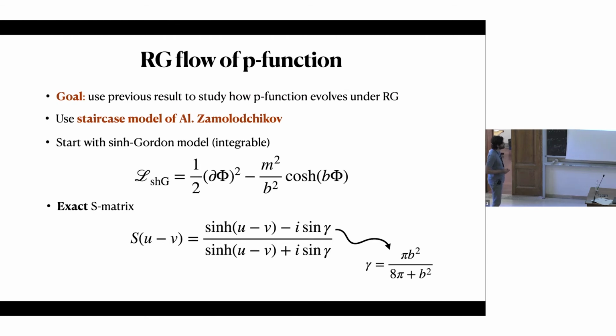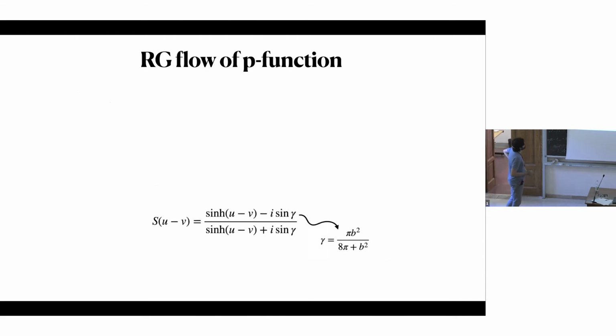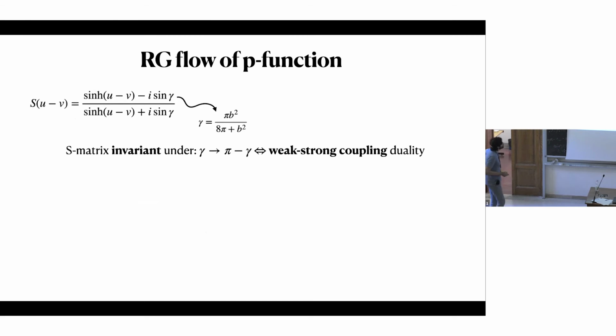Those are the rapidities of two particles. The two-body S matrix is given by this, where this gamma here is related to the coupling of the theory. Okay, so that's the sine-Gordon model. Notice one thing, which is that this S matrix is invariant under gamma going to pi minus gamma.